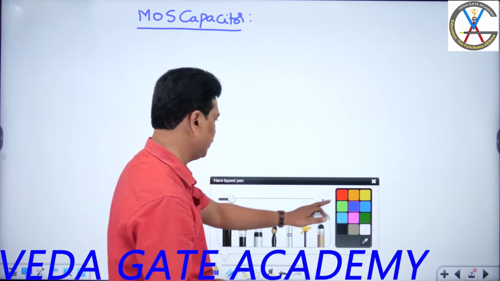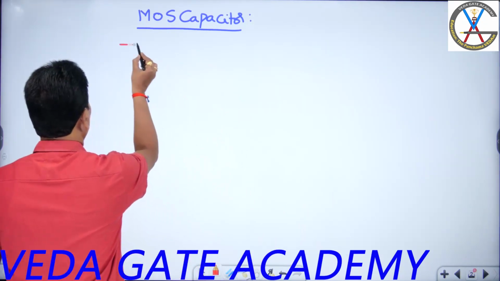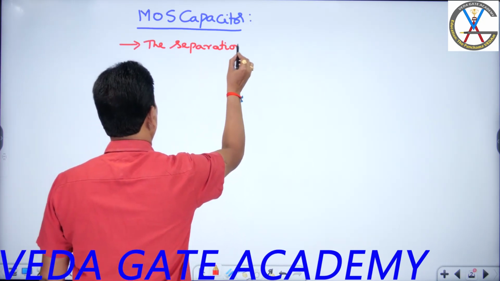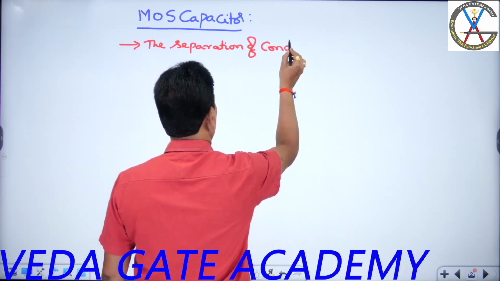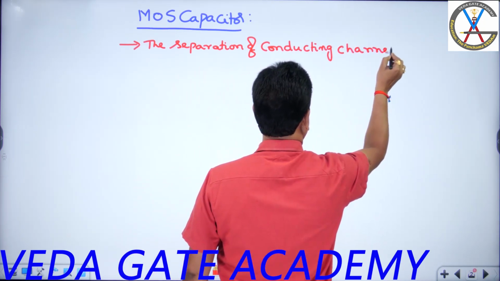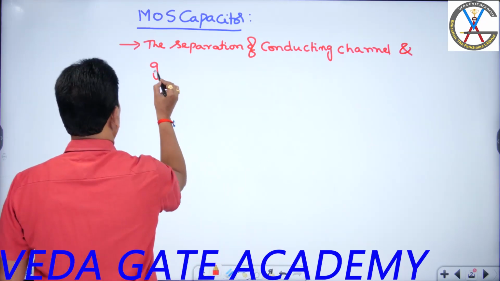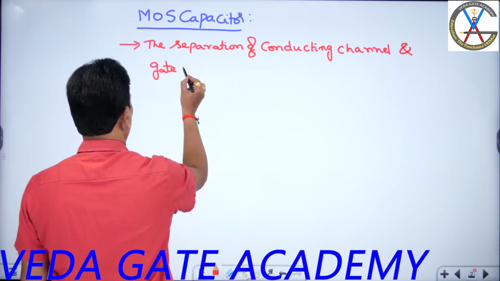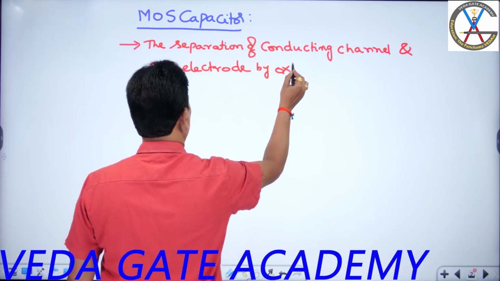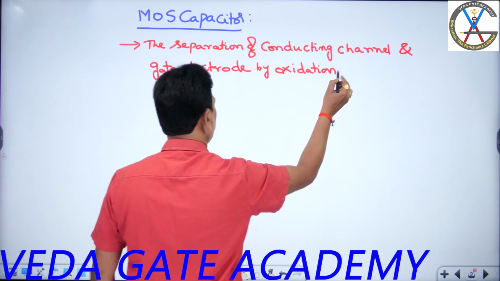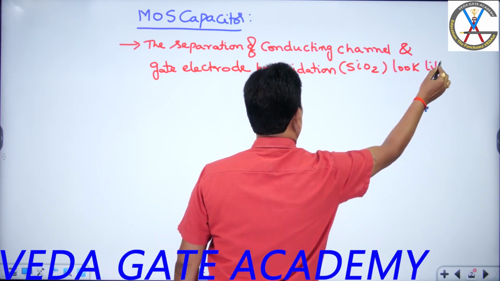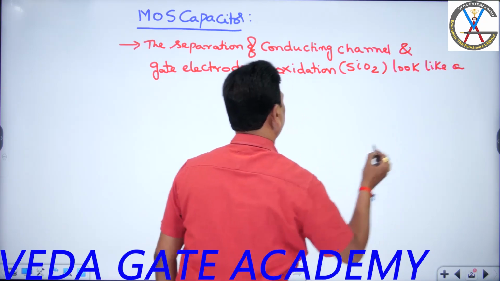The separation of the conducting channel and the gate electrode of polysilicon material by the oxide, that is SiO2, students, looks like a capacitor.